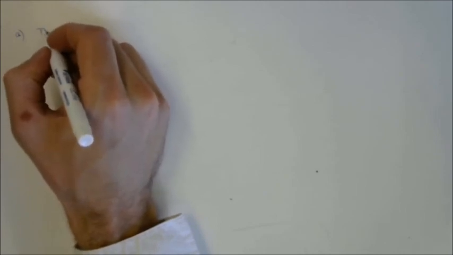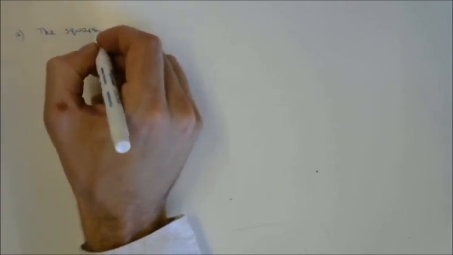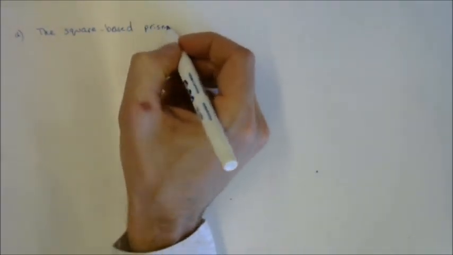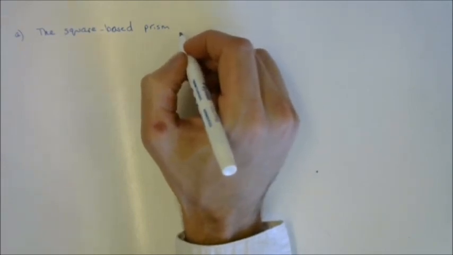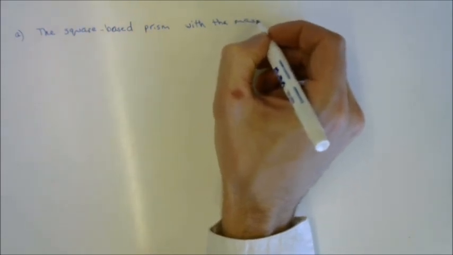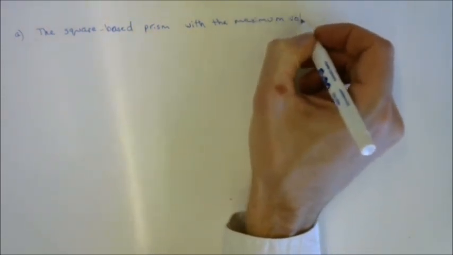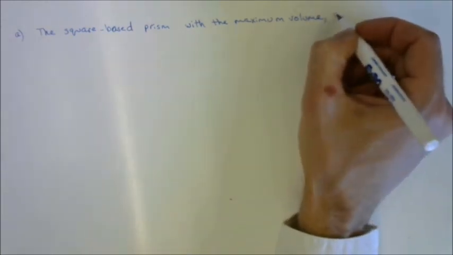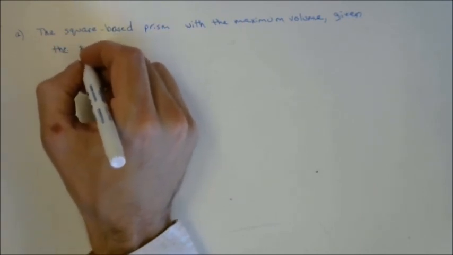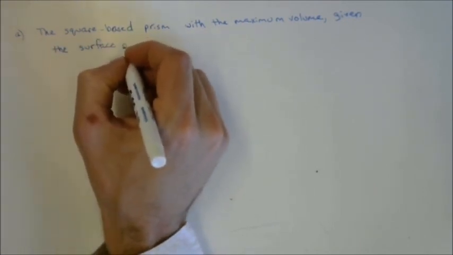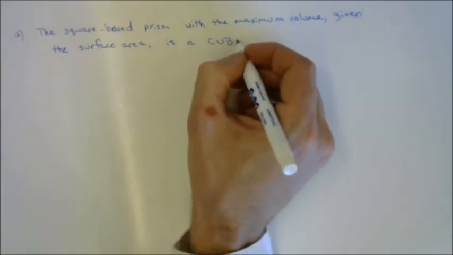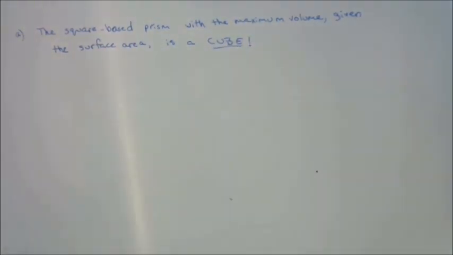So the square-based prism with the maximum volume, given the surface area, is a cube. Okay, let me walk through that with you one second.